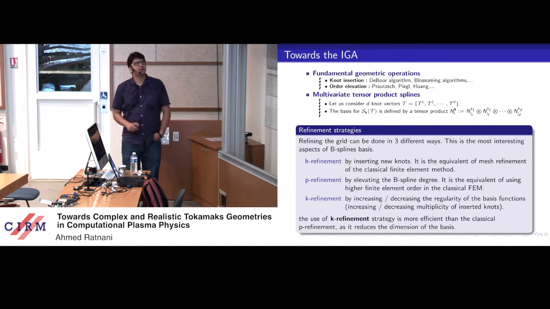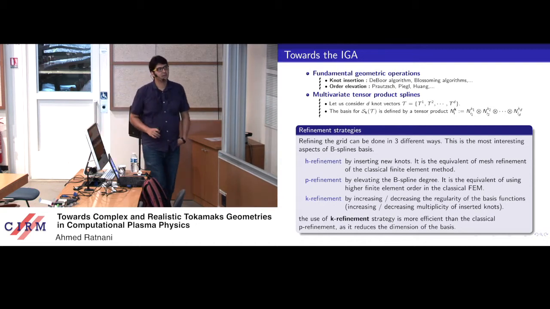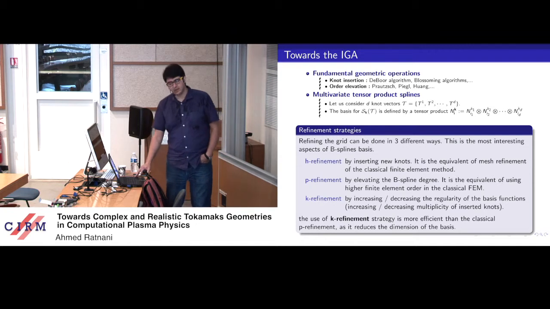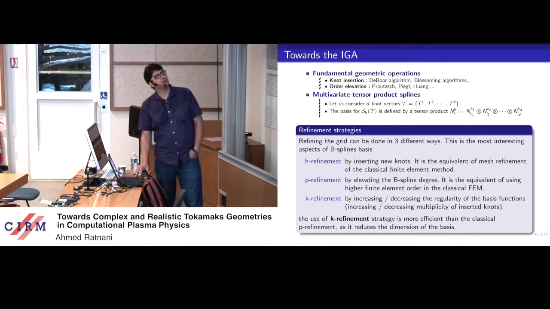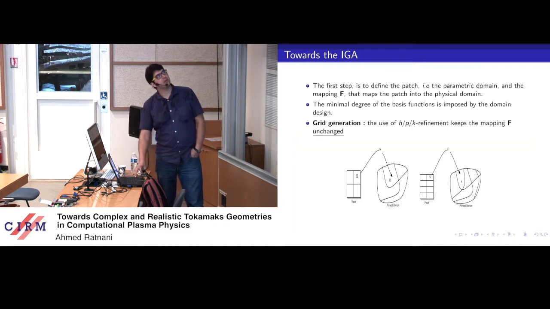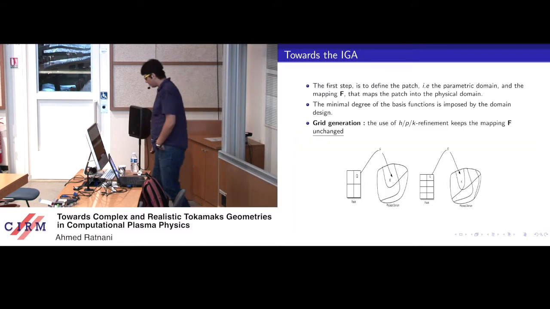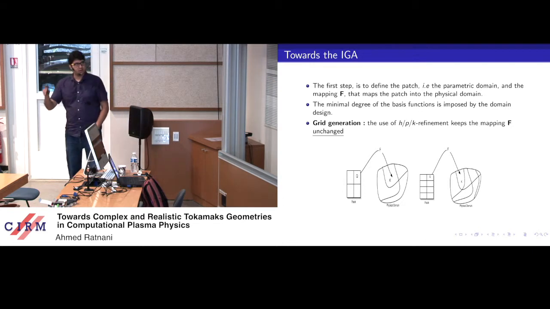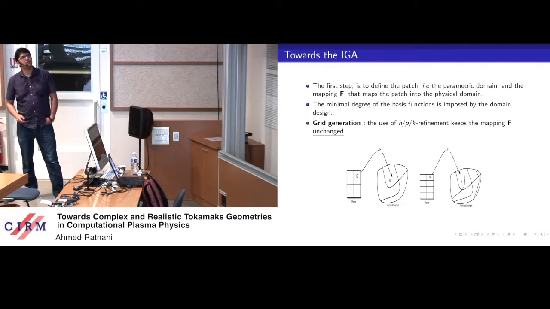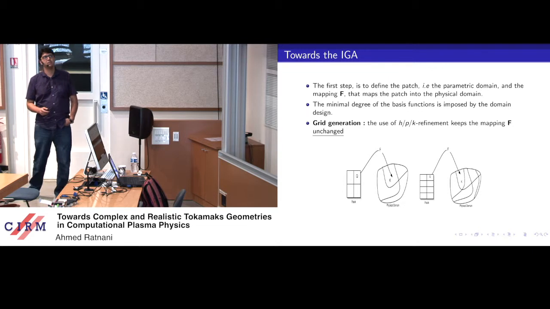So the k refinement is really the strategy that is new in this work, and also the fact that we conserve the geometry exact. So in order to do isogeometric analysis, you start with a description of the mapping.